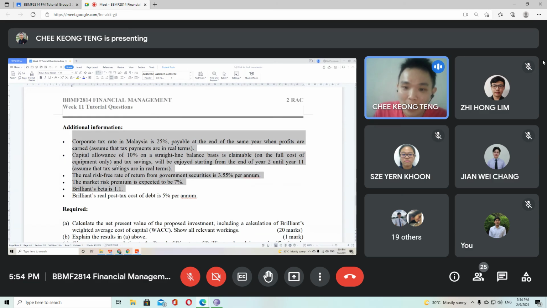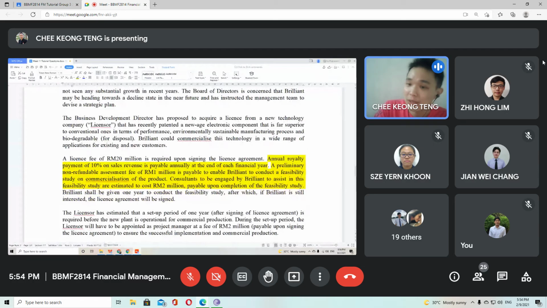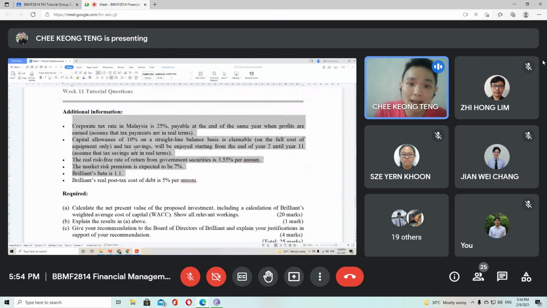But what you have learned, you should know that this one is a totally new investment, new technology. So supposedly after you invest into something new, what will happen to your KE, if you remember what I said? Your KE will change because your business risk is no longer the same as previously. So supposedly you cannot use this existing WACC anymore.